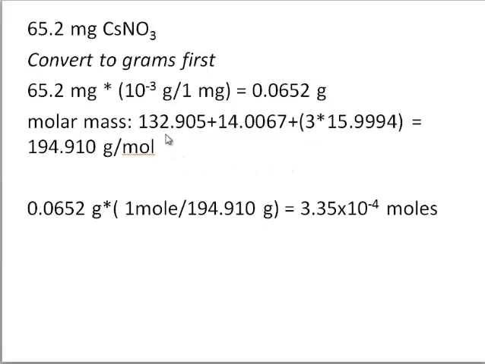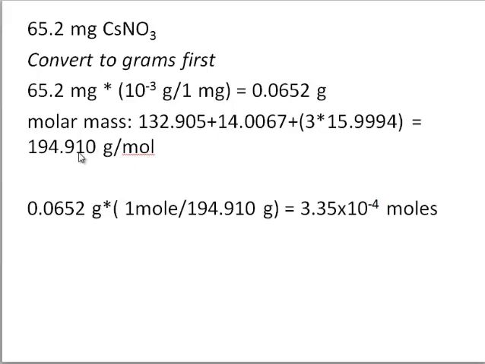I can calculate the mass of cesium nitrate as 1 cesium mass, 1 nitrogen mass, and 3 oxygen masses. Remember, I used the addition rule for significant figures. The least precise number is precise to the thousandth place, so the answer is expressed to the thousandth place.